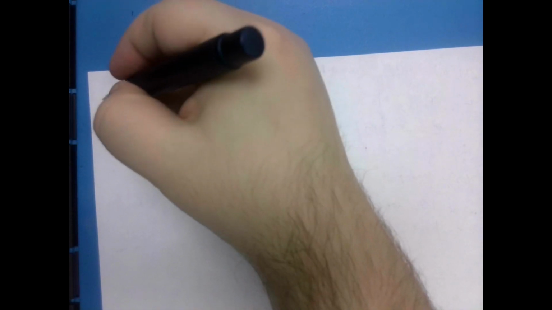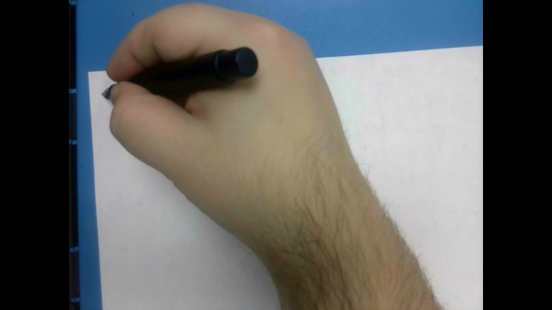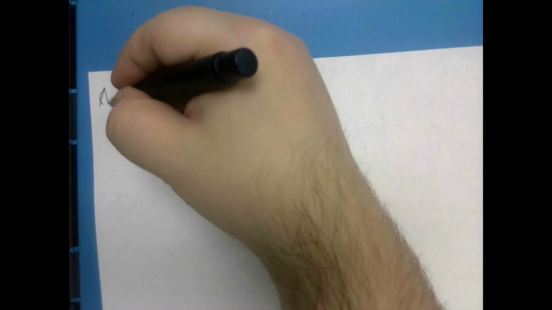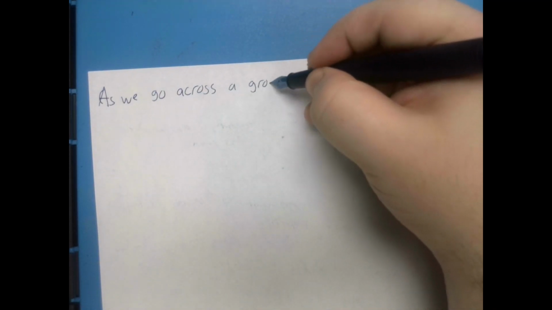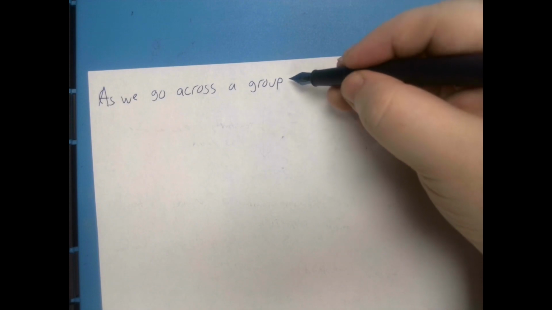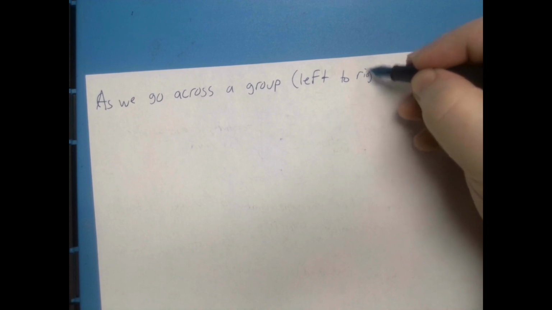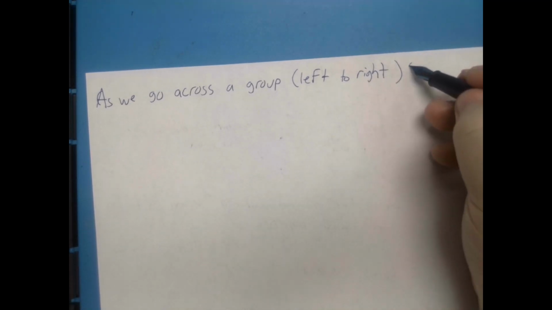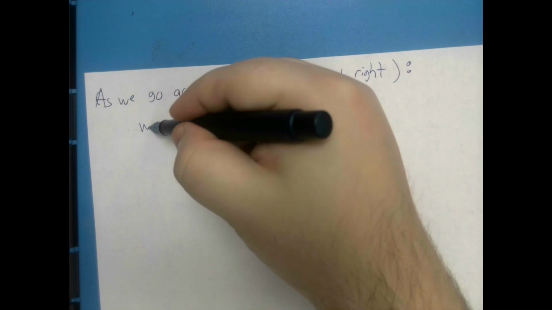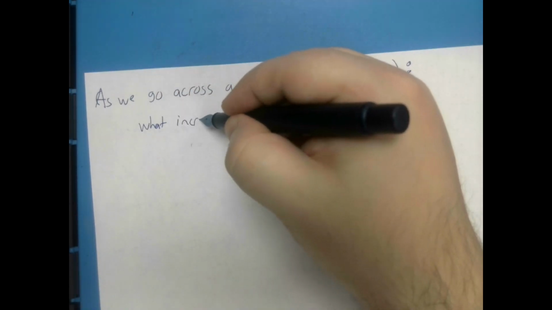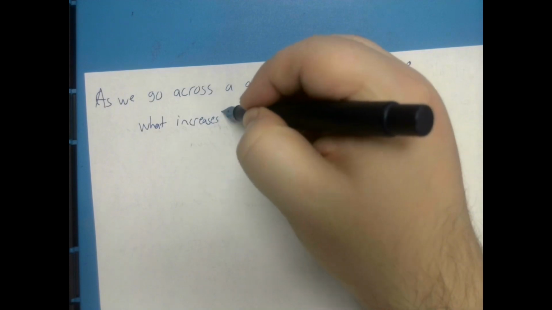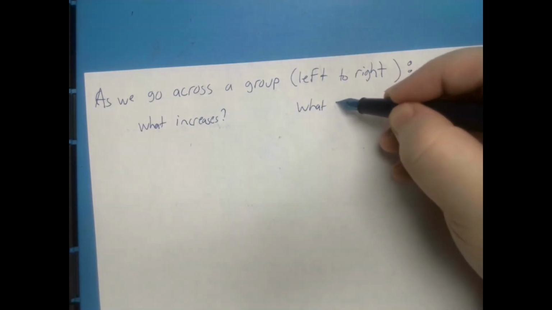So let's see if we can come up with a nice set of rules. As we go across a period, left to right, what increases and what decreases?